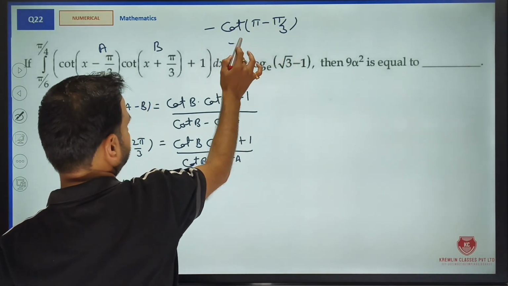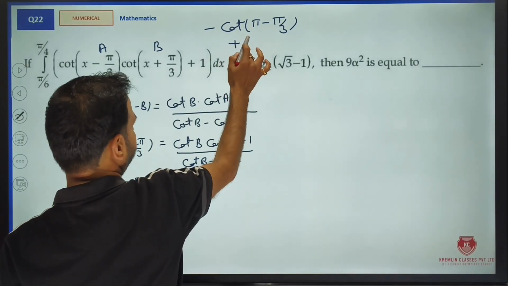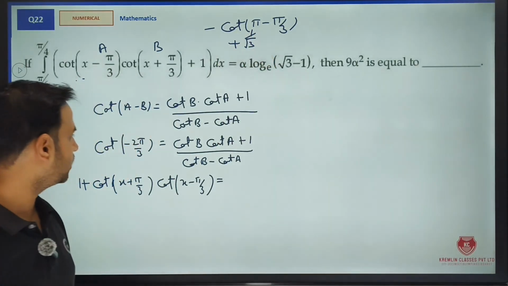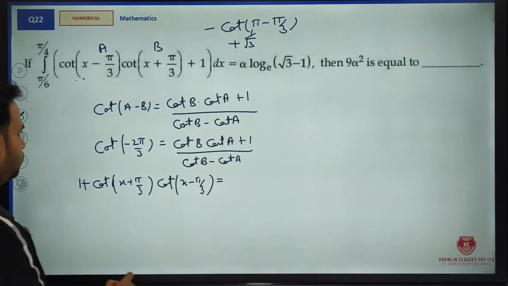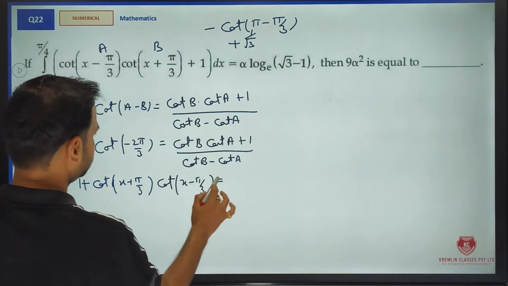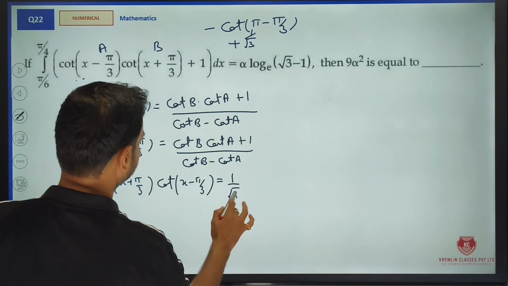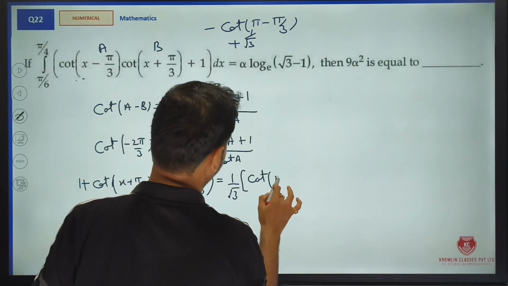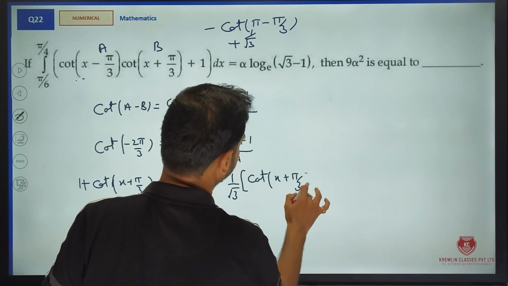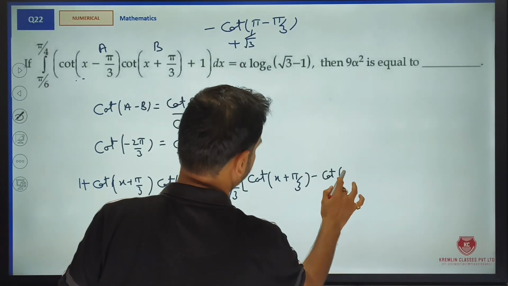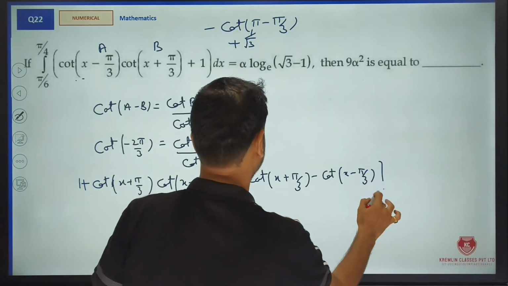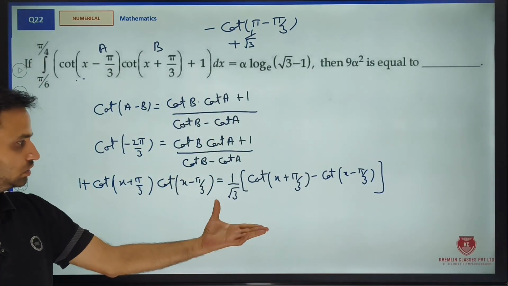Second quadrant, again cot is negative, so plus cot pi by 3, which is 1 by root 3. Okay, cot pi by 3 is given by 1 by root 3. So it should be 1 by root 3 times cot of x plus pi by 3 minus cot of x minus pi by 3. It should be the solution.